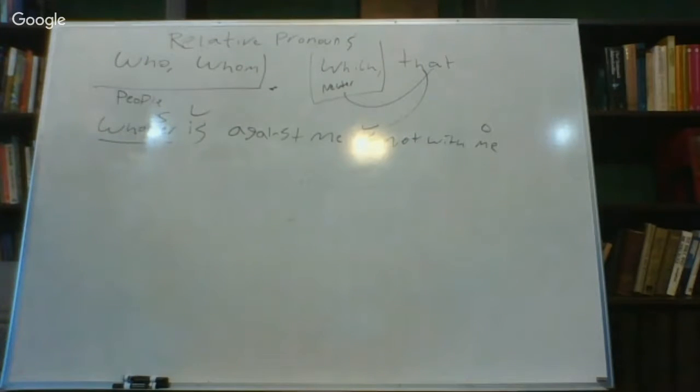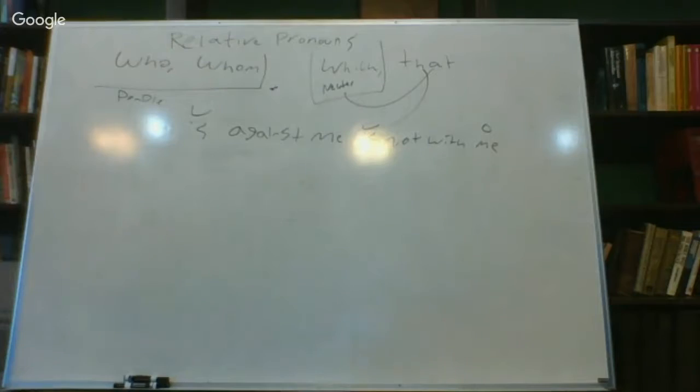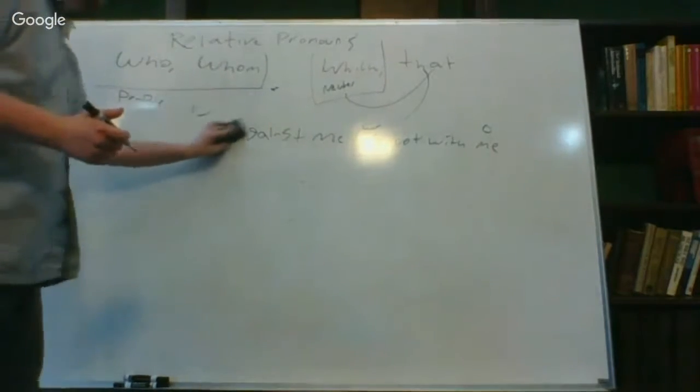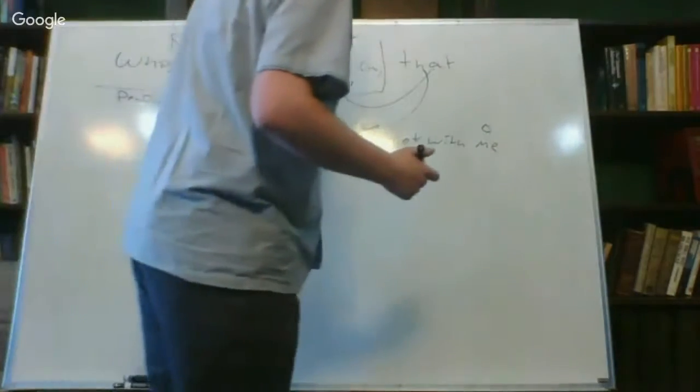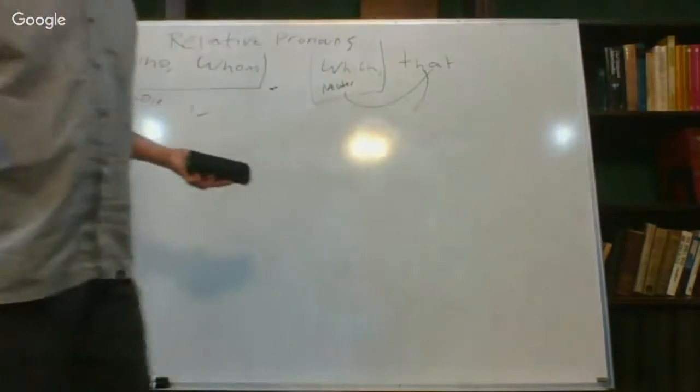Not all sentences are going to have a relative pronoun functioning as the subject. There's also an instance in which the relative pronoun can be the object of the preposition.